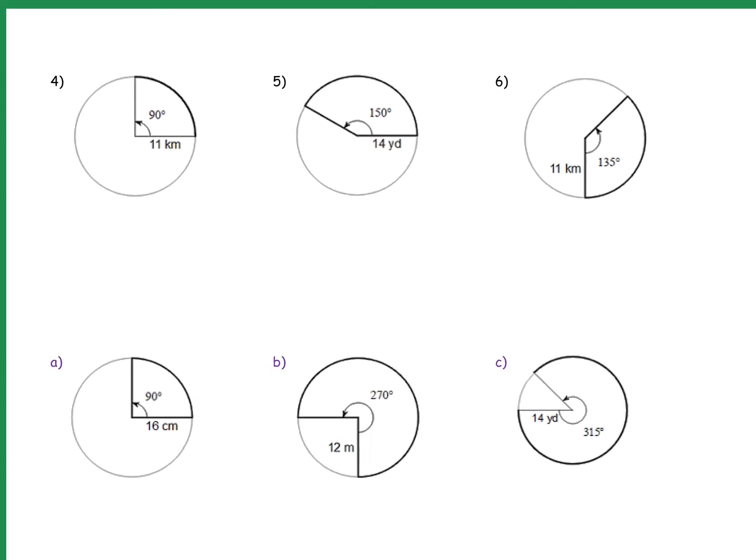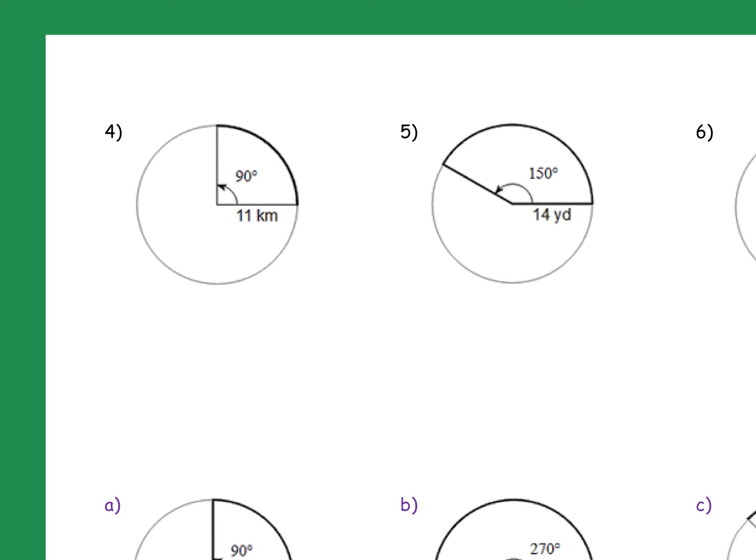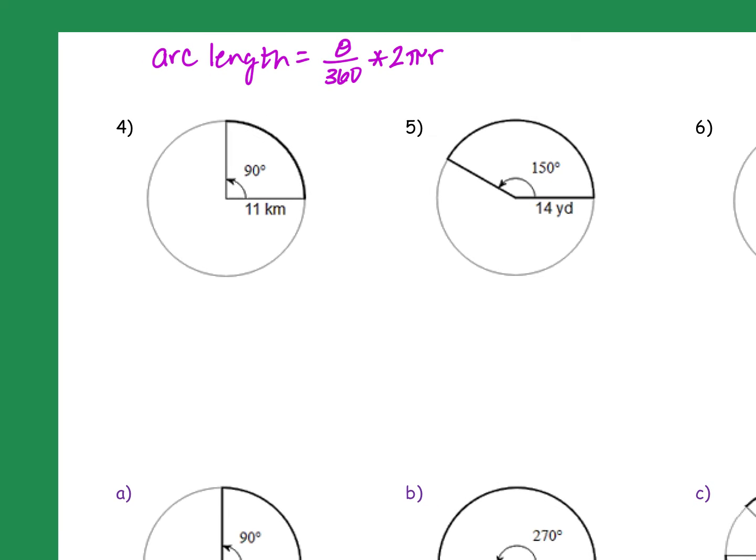So if we look at number 4, we're still doing the same thing. I'm going to write the equation up here so you guys remember. Arc length equals theta divided by 360 times 2 pi r. I've got my angle, which is 90 degrees, and my radius, which is 11 kilometers.